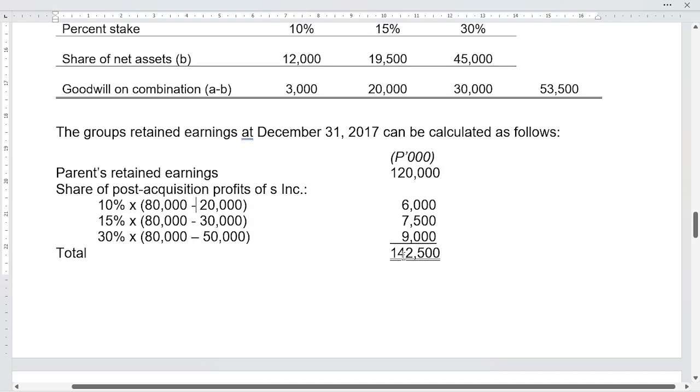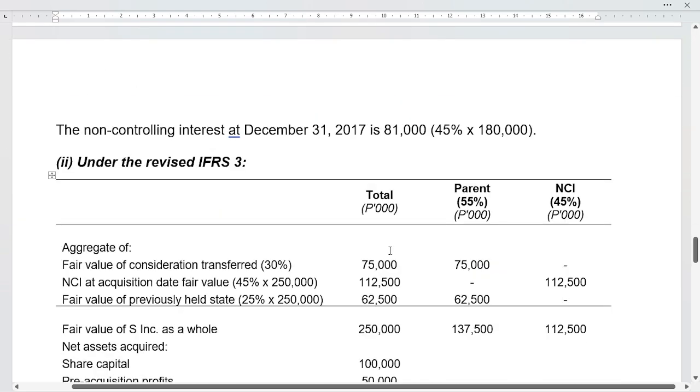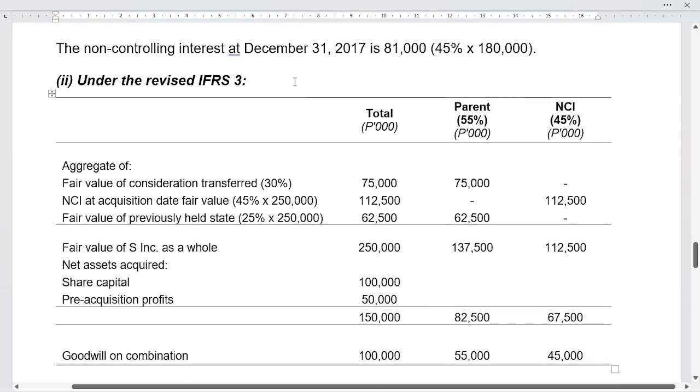To get the total sum of 142,500. The non-controlling interest at December 31, 2017 is 81,000. To get that, 180,000 times 45%.